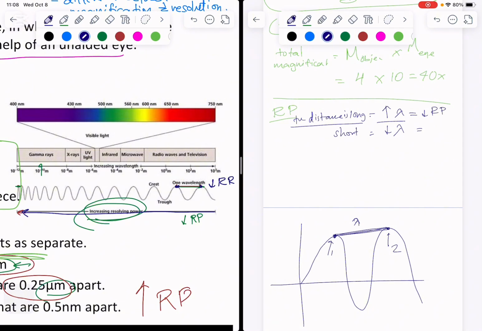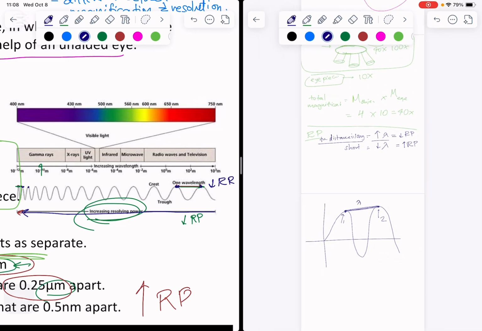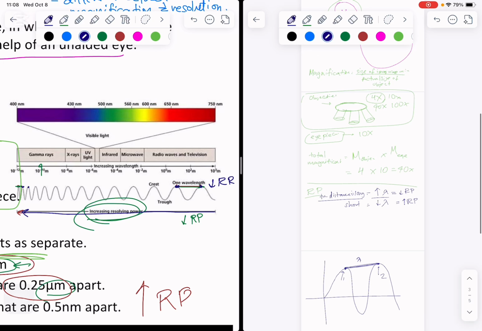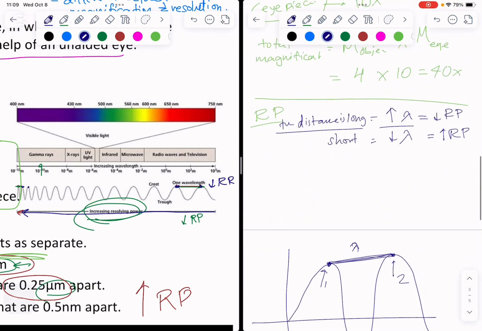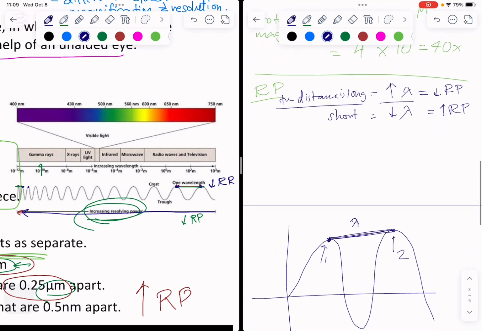But when the length of the wavelength shortens, you tend to have higher resolving power. And again, do we need the resolving power to be high? Yes, of course. The higher the resolving power means the deeper I could go inside to be able to differentiate between 2 points. That's literally it.